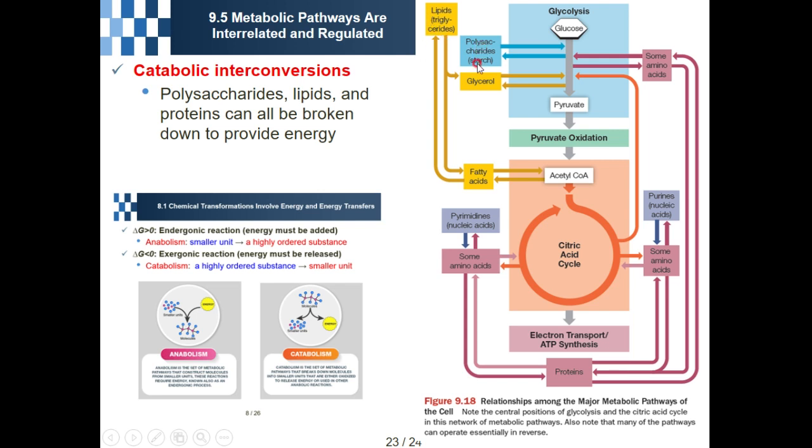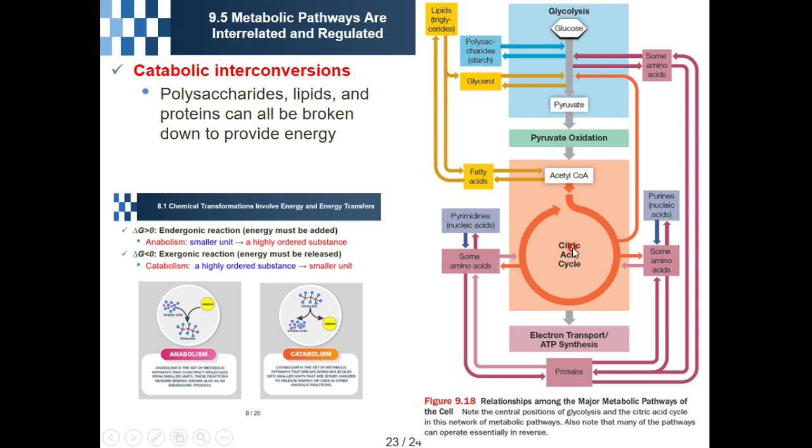So this one is also changed. Glycerol is changed to glyceraldehyde 3-phosphate, so it will become a member of glycolysis, like this. The important thing is that several polysaccharides, lipids, and proteins can all be broken down to provide energy.